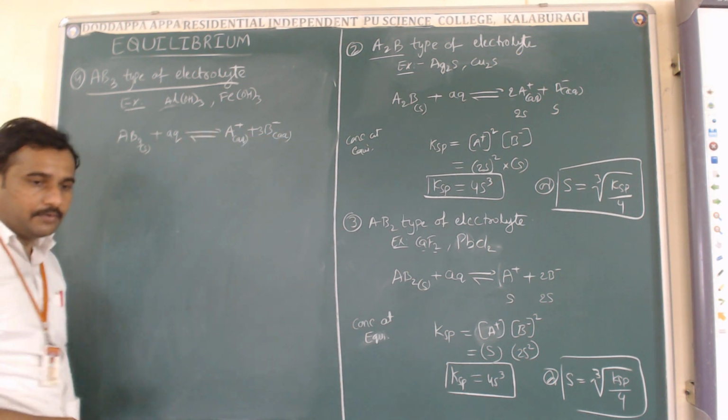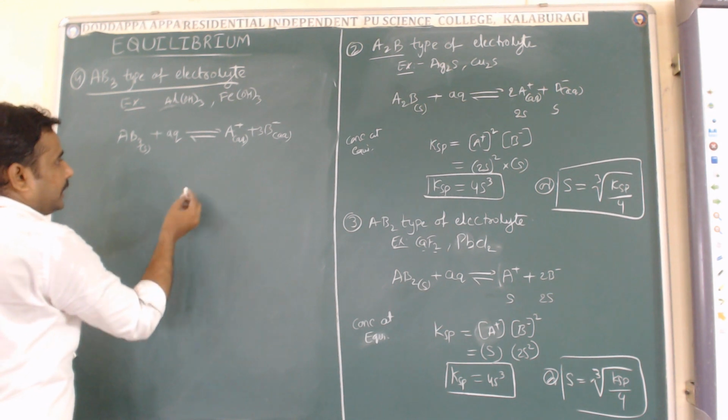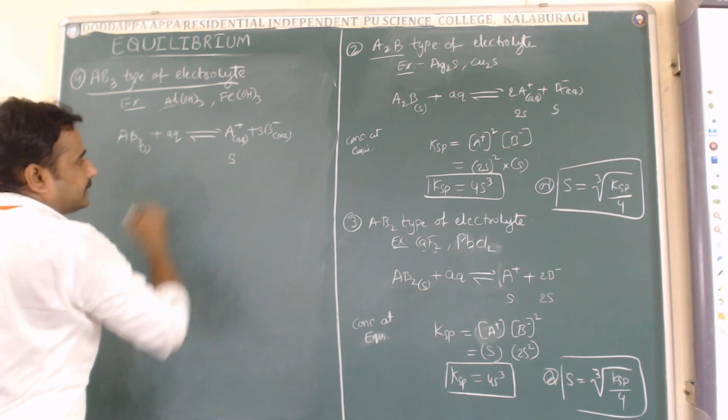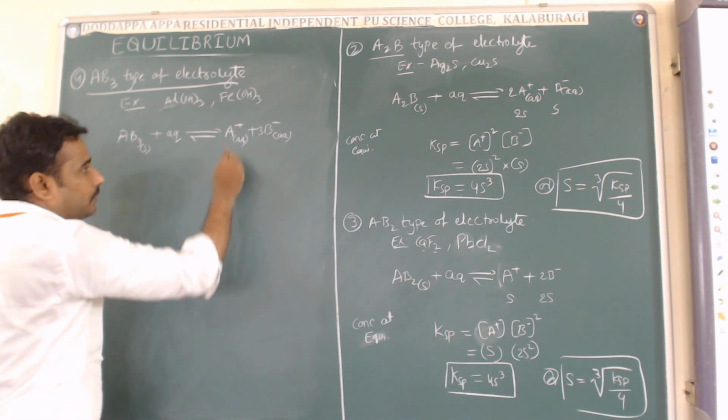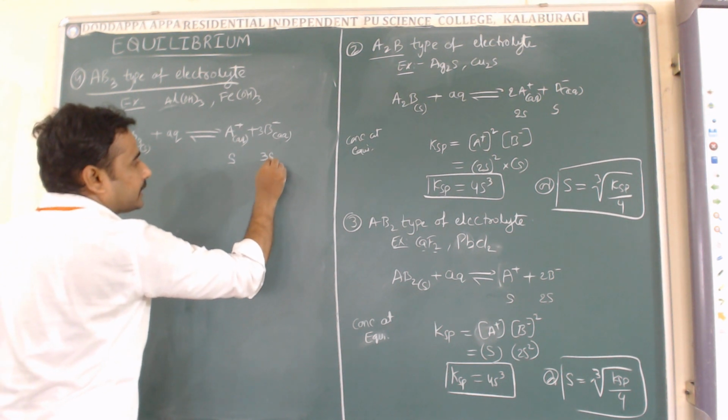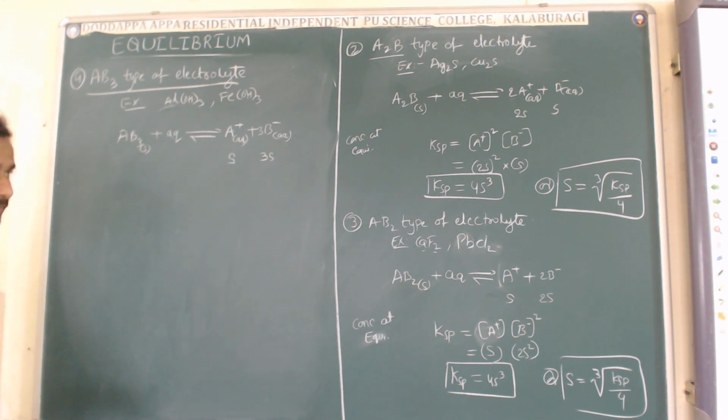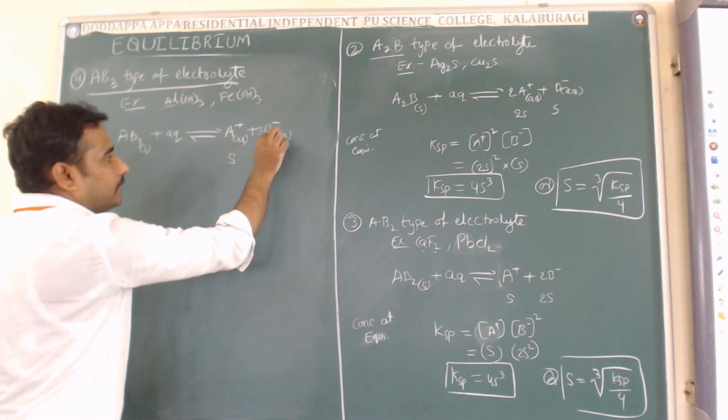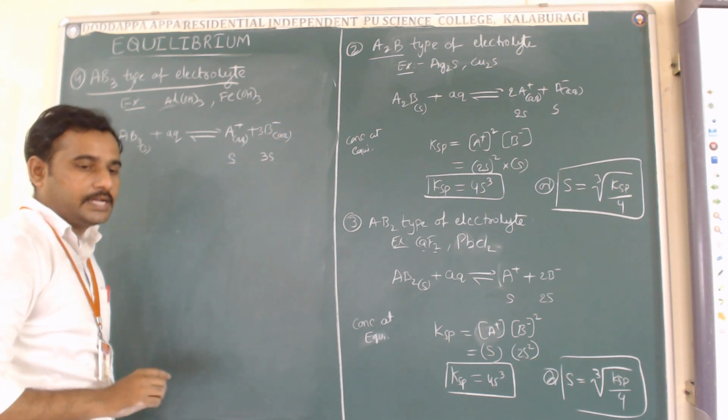Like that you have to write every time. How many S is there here? Only one S is coming for A. But 3B is there, so you have to write 3S.